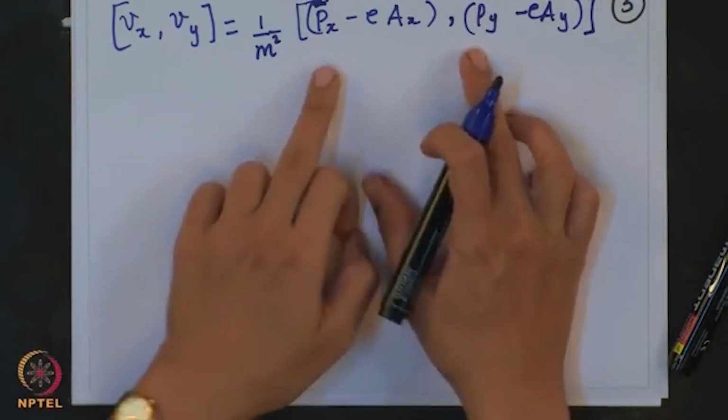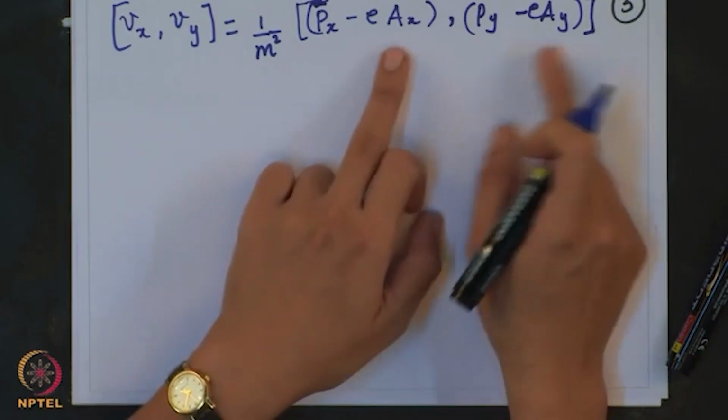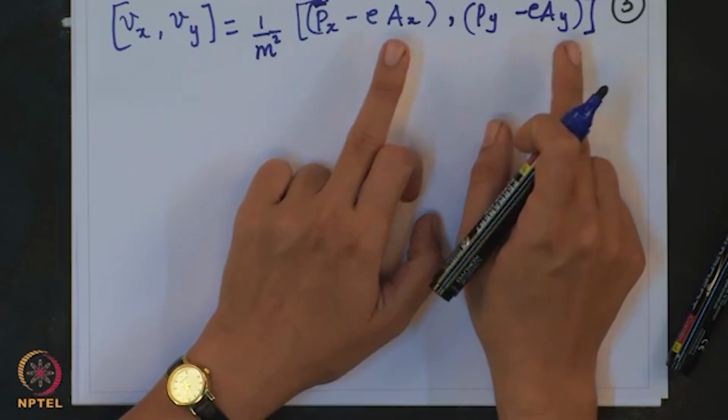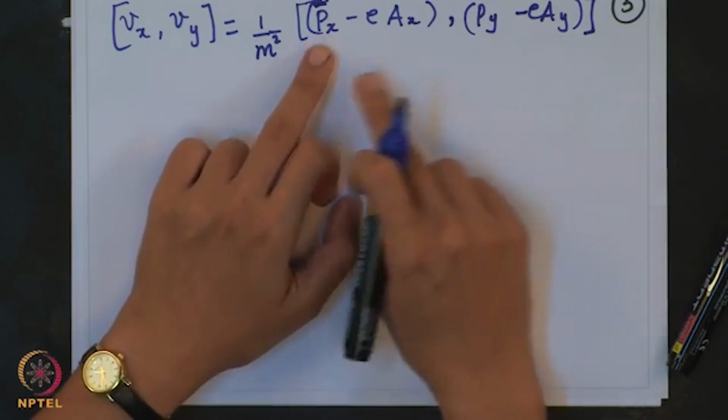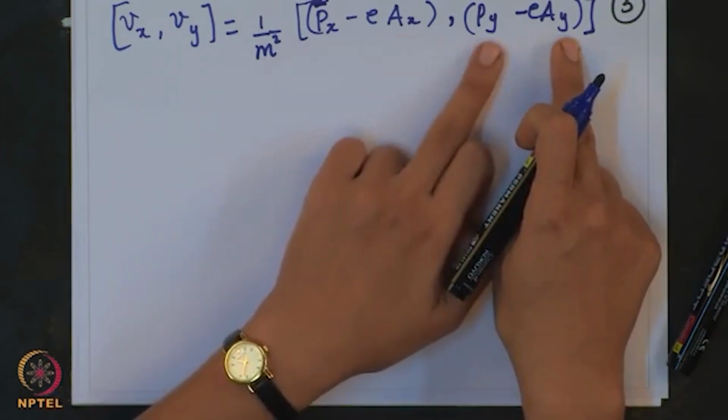Now, the commutator of P_x and P_y is 0, they commute, and A_x and A_y will also commute. So, you will be left with the commutator of P_x with A_y and A_x with P_y.